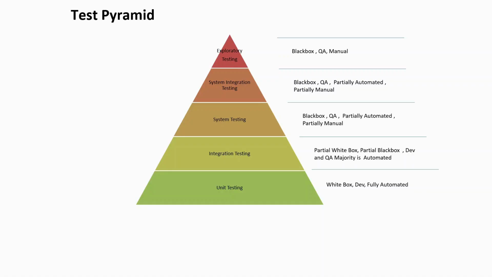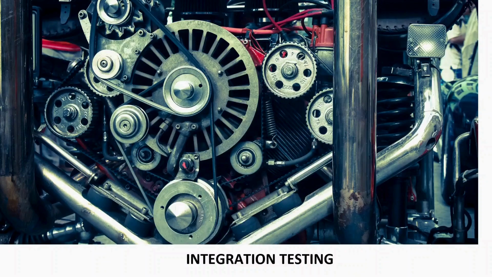Now let us cover integration, system, and system integration testing in detail with some good examples. Integration testing, as I told, is partially white box testing and partially black box testing. As the name indicates, integration testing checks the integration or interaction between the different software blocks.